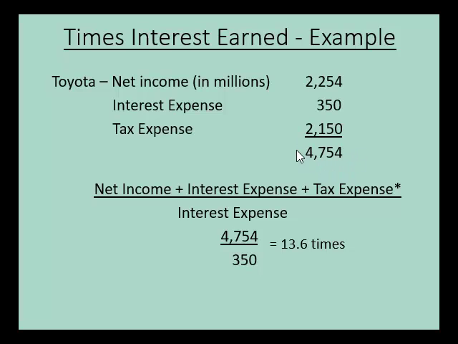So we're going to take this total of the net income without the taxes and interest subtracted and divide it by the amount of interest expense. So here we see that Toyota, its times interest earned ratio is 13.6.